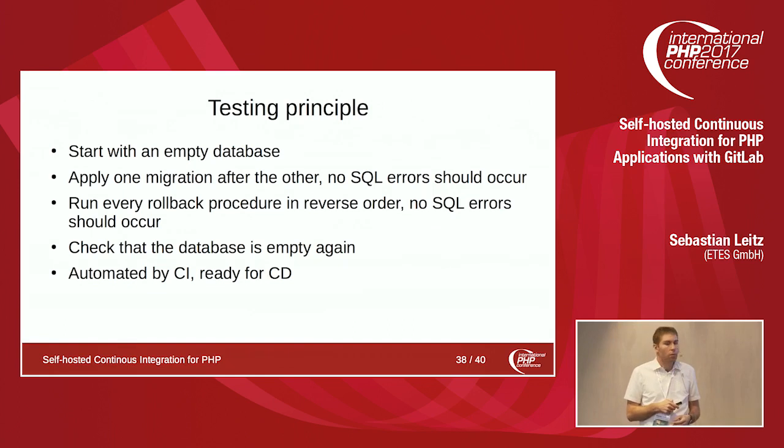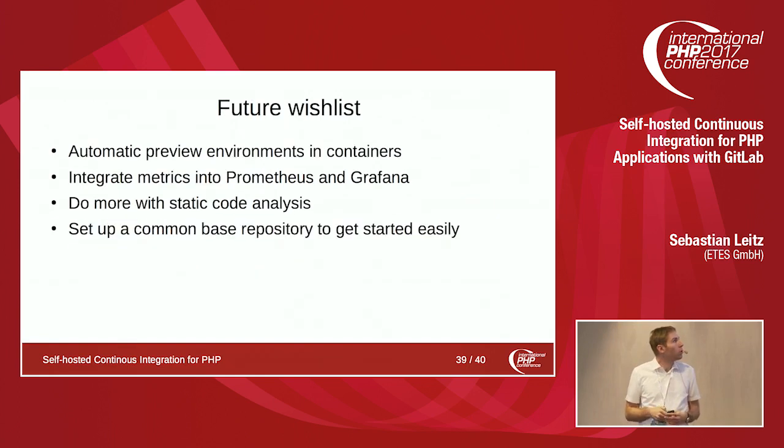Okay. Then there's one point here about the future wish list for our projects. I've seen a lot about GitLab CI being able to have dynamic container environments for every kind of branch. So if you're having a feature branch, it can also create an automatic environment for you running in a container, which bundles all your application stuff.